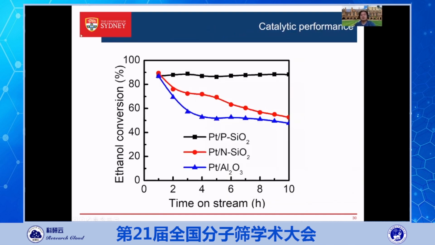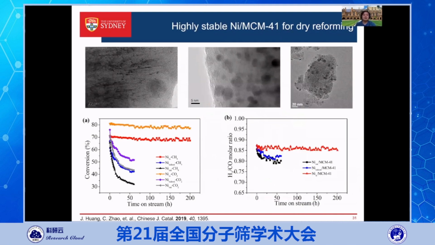So we did a very simple experiment at first, ethanol conversion reforming, using platinum on the porous silica, platinum on the non-porous silica, and platinum on the commercial alumina. We can find the latter two lost activity due to sintering, and the one inside the pores performed very well.